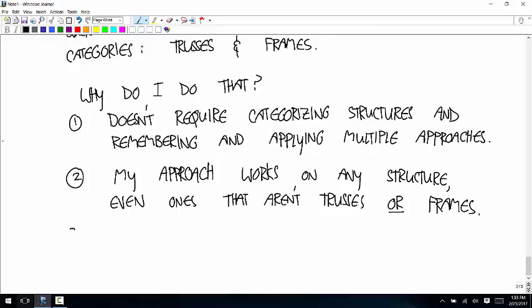And then the third one is, I just think this is a better way. It gets more to the fundamentals. It uses the fundamentals, so I think it gives a deeper understanding of what's going on.